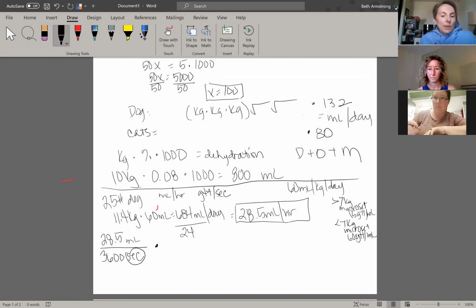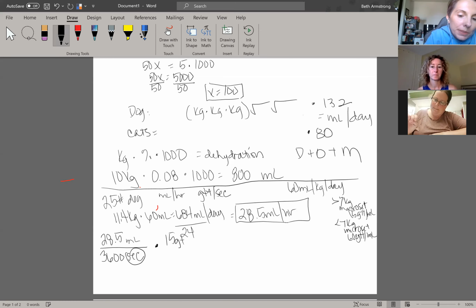Our patient here is 11.4 kilograms, so what are we going to use? The one that's for greater than 7 kilograms: the macro set, with 15 big drops per mil.